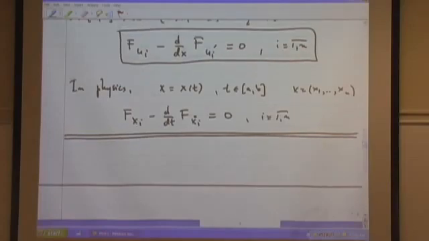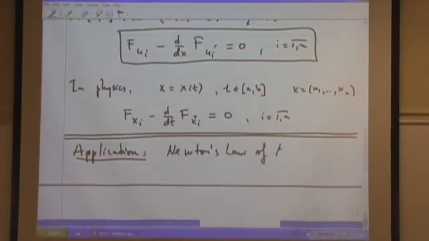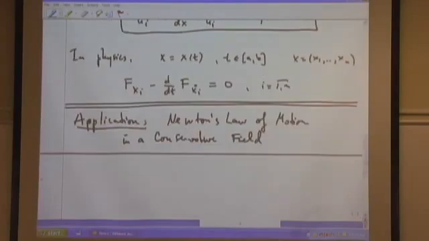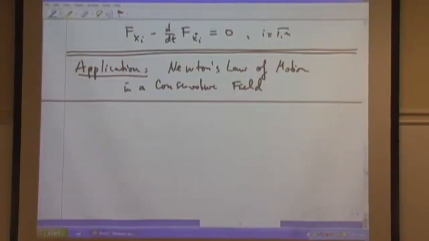Okay, so the first application is in Newton's law of motion and a conservative field. So what is that?